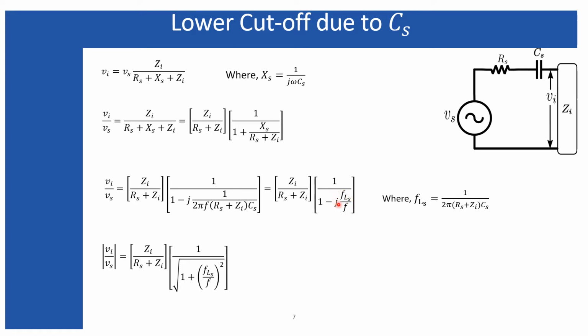So this response looks like the response of a high pass filter, and the cutoff frequency includes the two resistances, Rs as well as the input impedance of the bipolar junction transistor. And if we take the modulus of this gain Vi to Vs, you will get the magnitude of the response of the high pass filter.